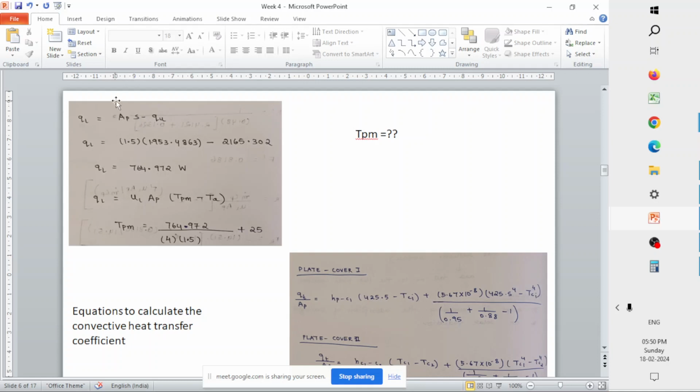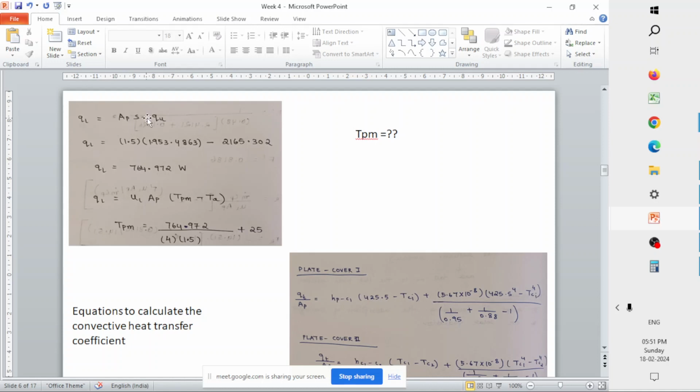The rest of the energy absorbed by your flat plate collector will be used to heat up your absorber plate. Once your absorber plate gets heated up, that energy will be used to heat up your fluid which will be used for your application. So that amount of energy absorbed by your absorber plate is QL.